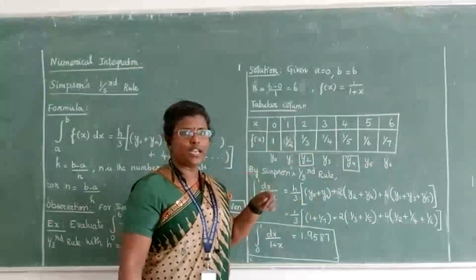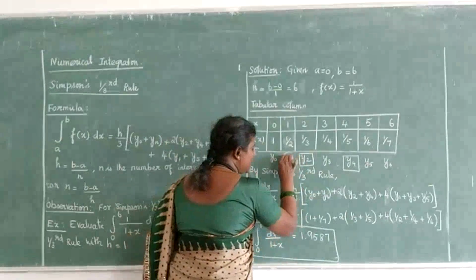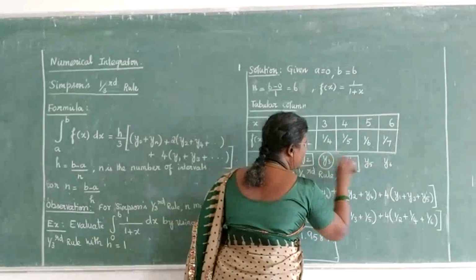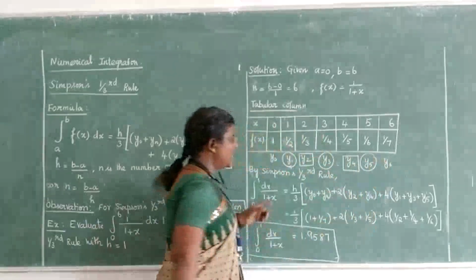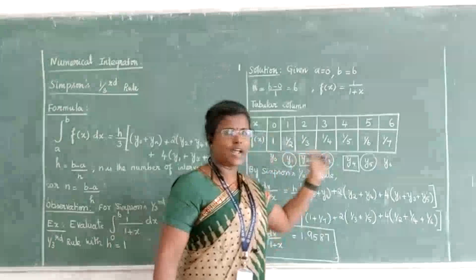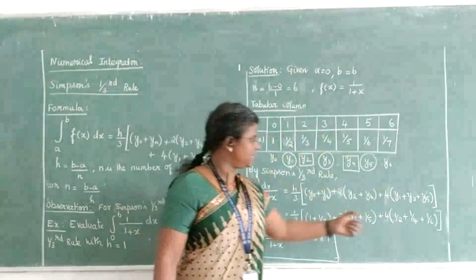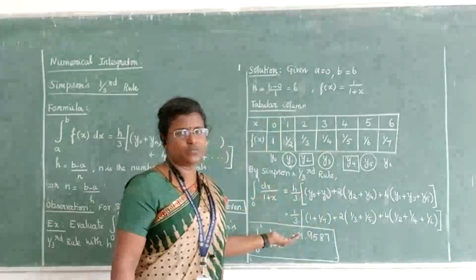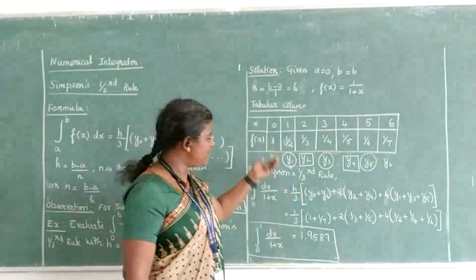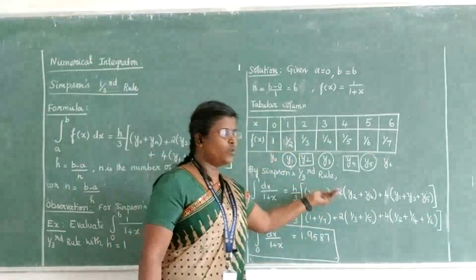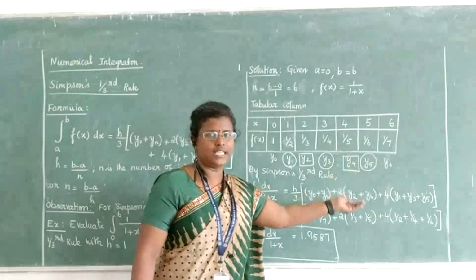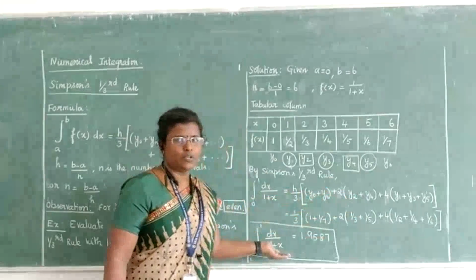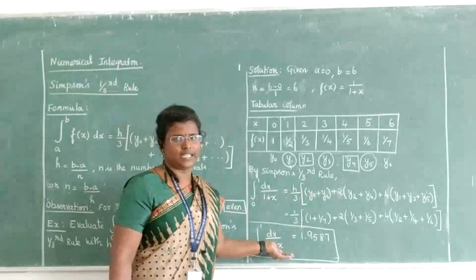Similarly, I collect the odd ordinates, that means y1, y3, and y5, add them, and multiply by 4. Now I have the formula. After this, I substitute all the values y0, y1, y2, y3, etc., up to y6 in this formula to obtain the value of the integration.